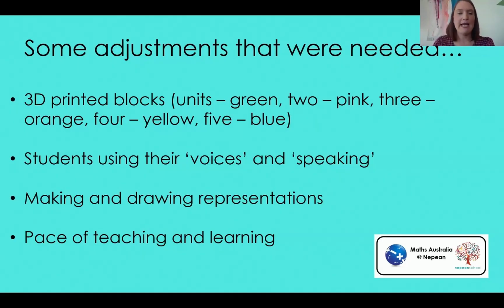And as I mentioned before, the pace of teaching and learning really varies. Again, it varies student to student. It's not a one size fits all. Like Esther said, there is no cookie cutter at Nepean. And so the pace of learning and teaching is very individual to the student. And with Maths Australia, we are able to do that.